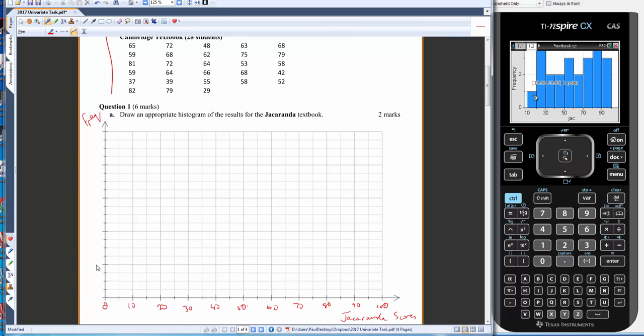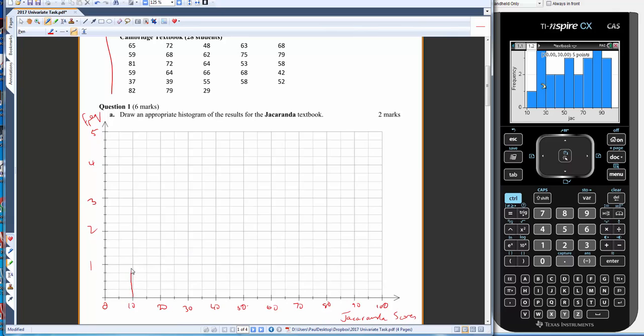And for the frequencies, let's find our max frequency. It's this one here, 5 points. So we can go 1, 2, 3, 4, and 5. Between 10 and 20 was 1.